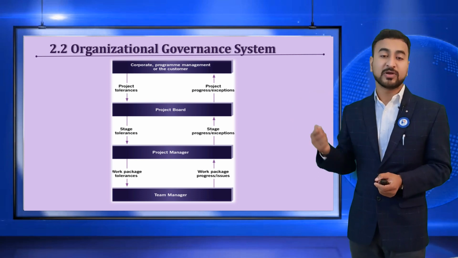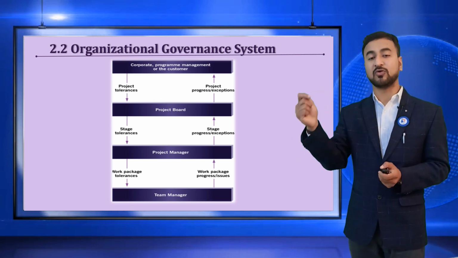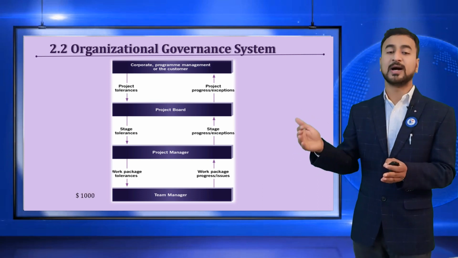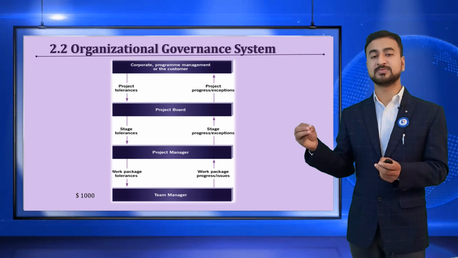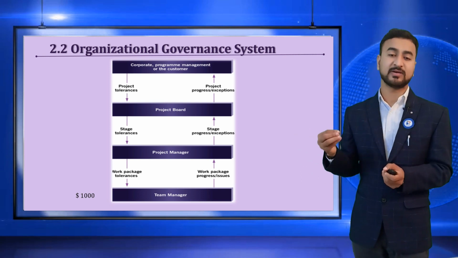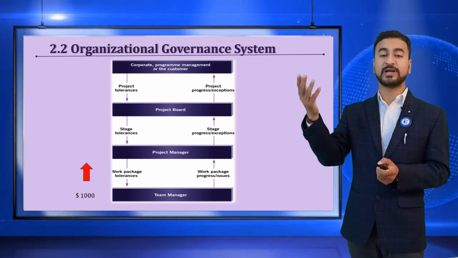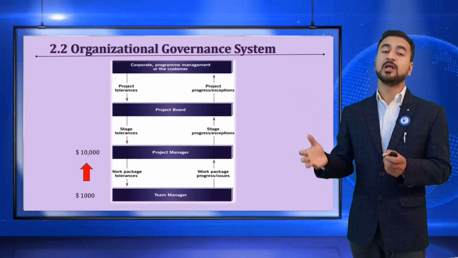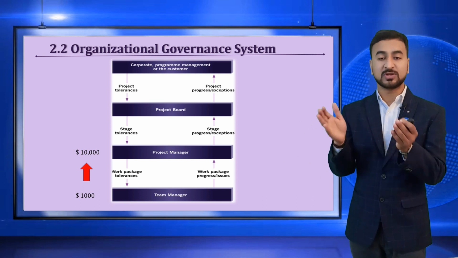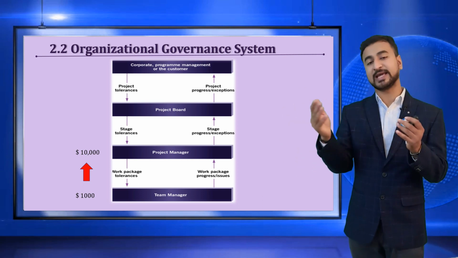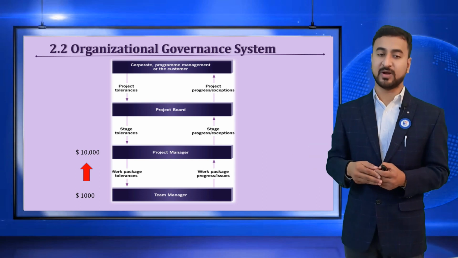For example, the team manager has the authority up to $1,000. Until $1,000, when small change requests come, they can try to accommodate them at that level. But beyond $1,000, they have to take approval from the project manager, and the project manager has authority up to $10,000. He does not need to take approval from the project board. At his level, he can handle that requirement.